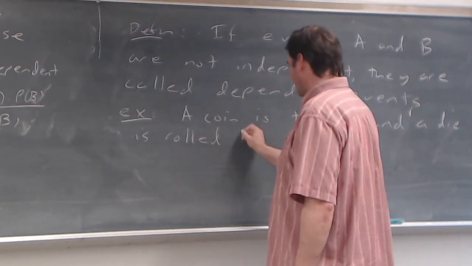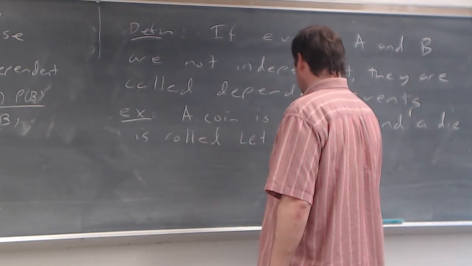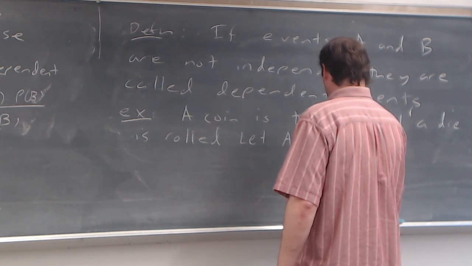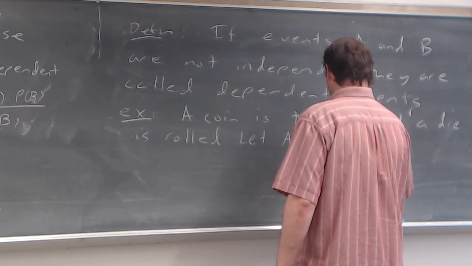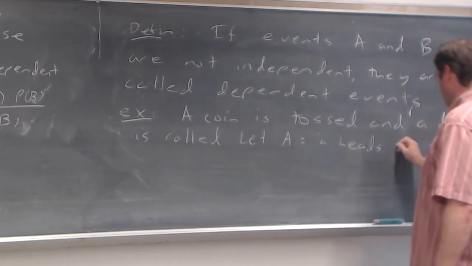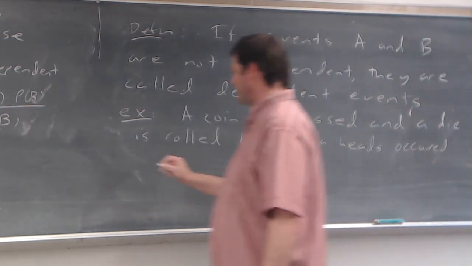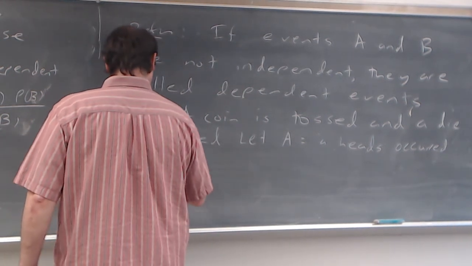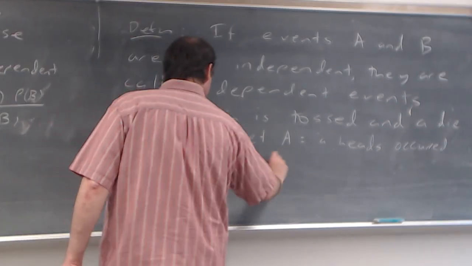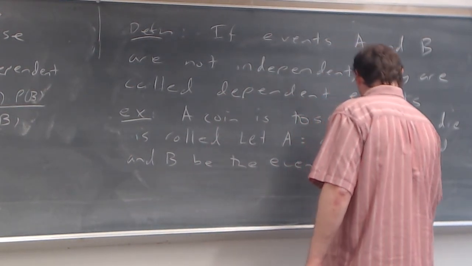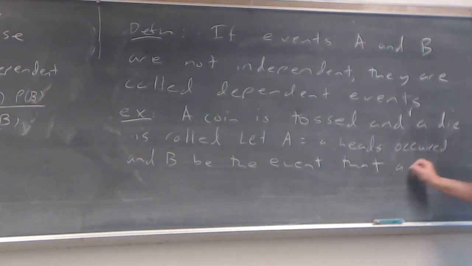So let A be the event that heads occurred, and B be the event that a 3 occurred.